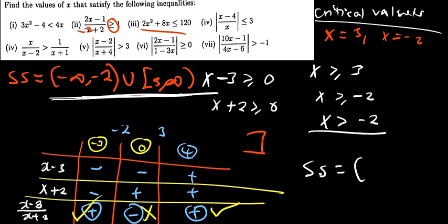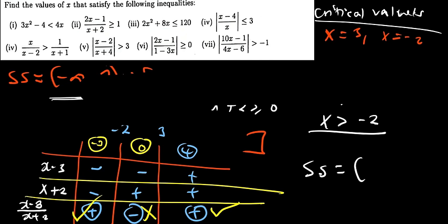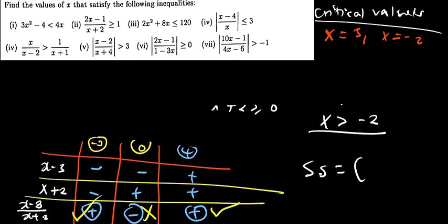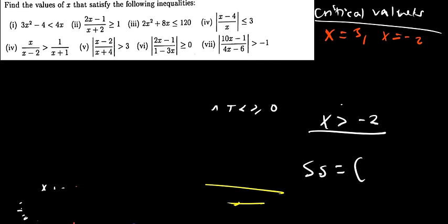So that's the reason why -2 should not be part of the solution. That's why it is open.